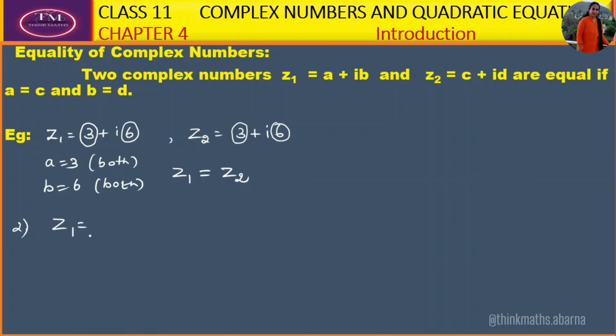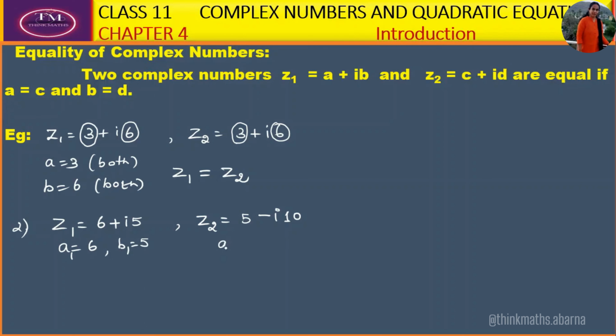Suppose Z1 equal to 6 plus i5 and Z2 equal to 5 minus i10. Now here A1 is equal to 6 and B1, the imaginary part, is 5.